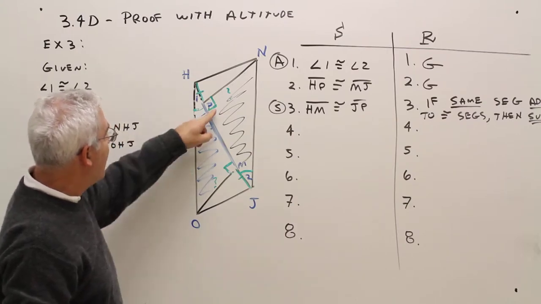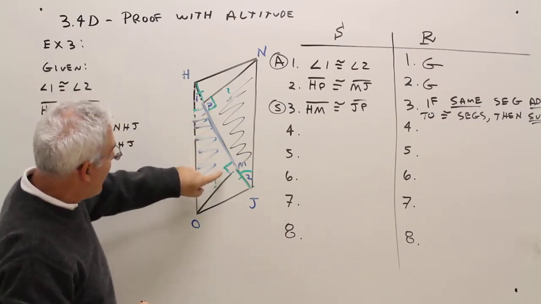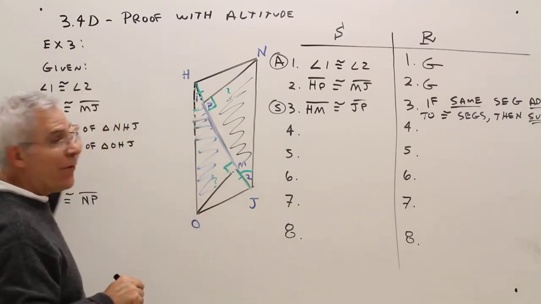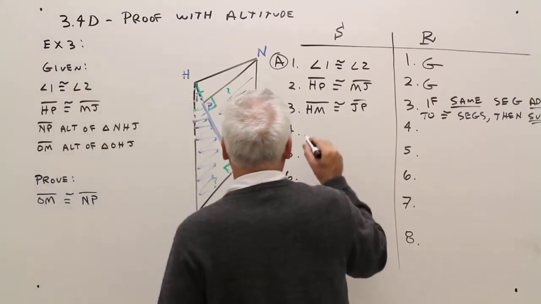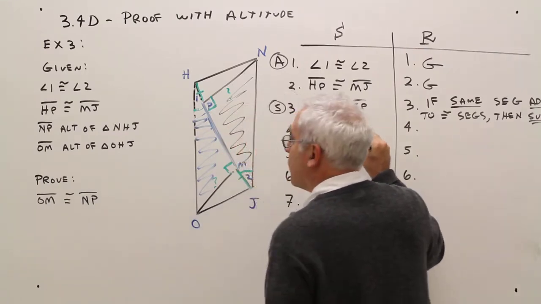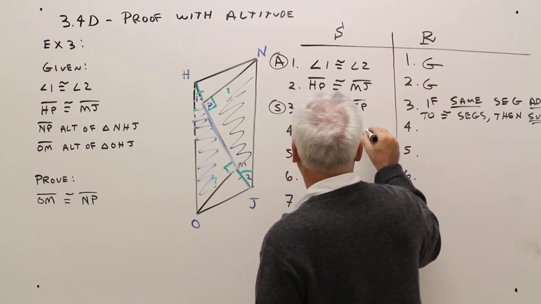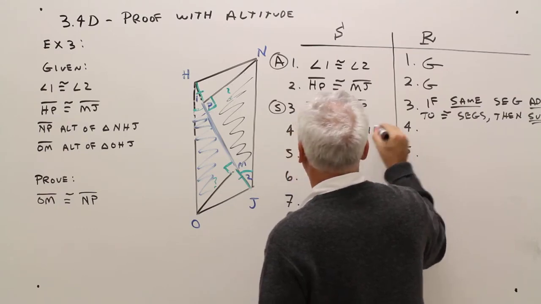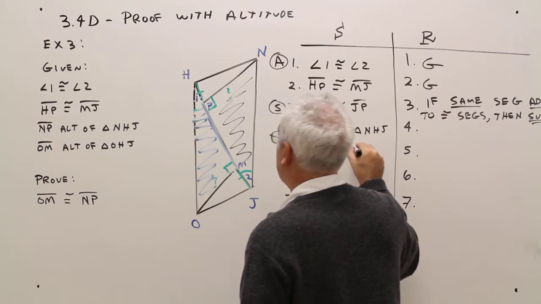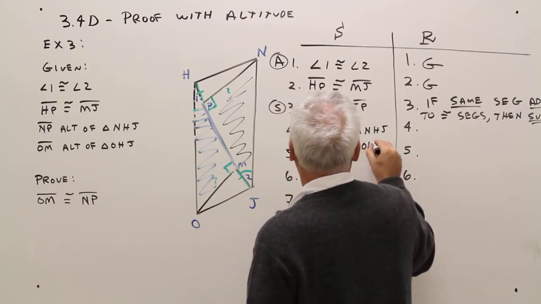And then the angle, it's kind of hard to see. So this angle there and that angle there, that was given from the altitude. So for 4, NP is an altitude of triangle NHJ, and OM is an altitude of triangle OHJ.